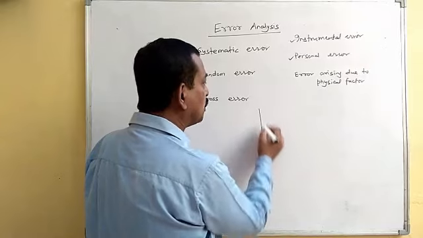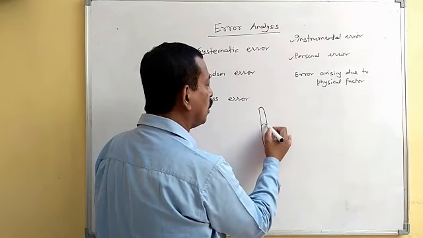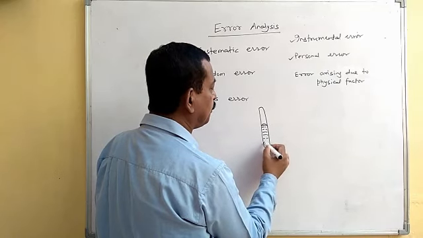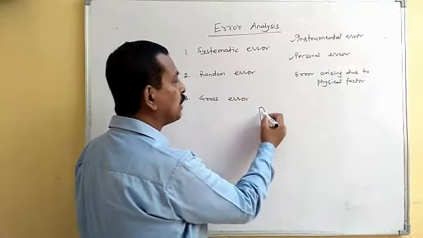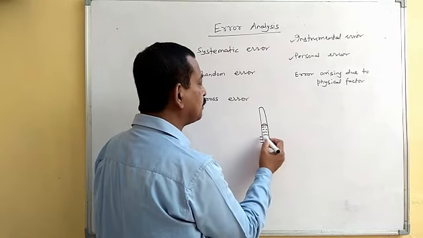suppose the person is taking measurement of a barometer. So suppose the mercury level is up to this point and we have the calibration here.